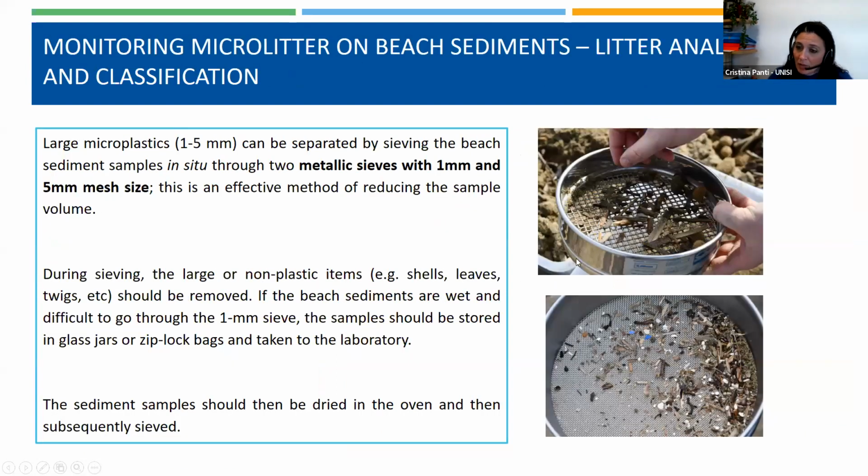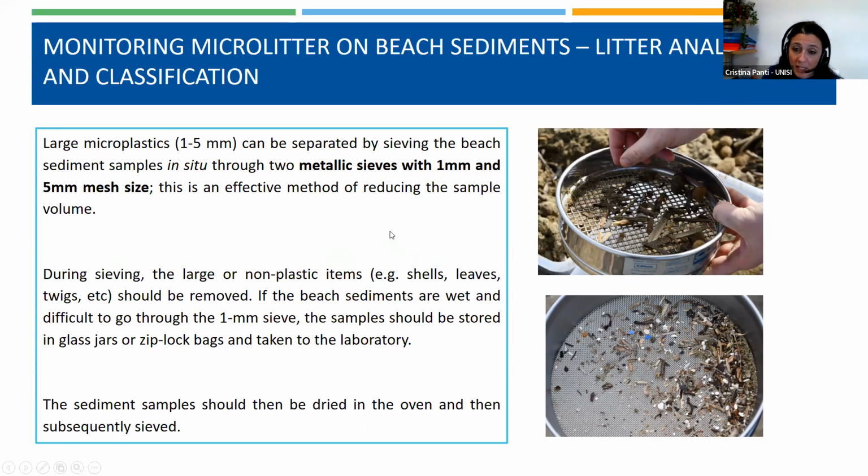So once you have collected the amount of sand that you need, you should sieve on 5 millimeter and 1 millimeter mesh size sieves. As you can see on the top, you have the 5 millimeter sieve. The lower sieve is 1 millimeter.